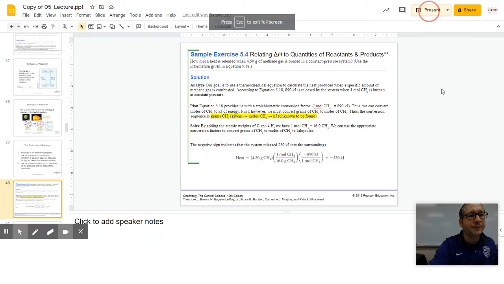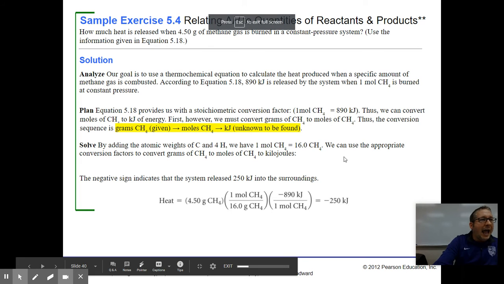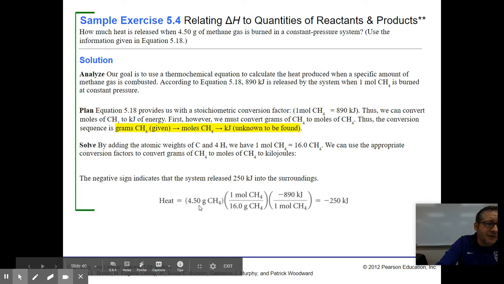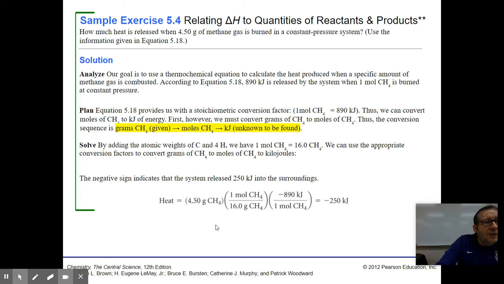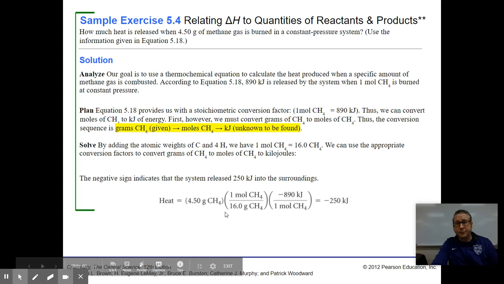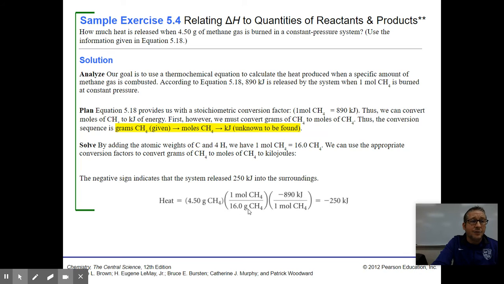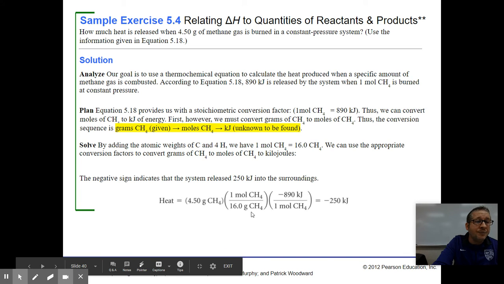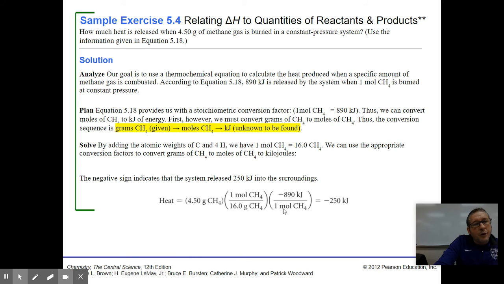So let's go back to the practice problem in our notes. We have 4.50 grams of methane. That's listed first. We then have to use methane's molar mass. We get that by looking at the periodic table. Carbon is 12 grams per mole, and hydrogen is 1 gram per mole, but there are 4 of them, so 4 plus 12 is equal to 16 grams per mole. Again, making sure moles is on top.